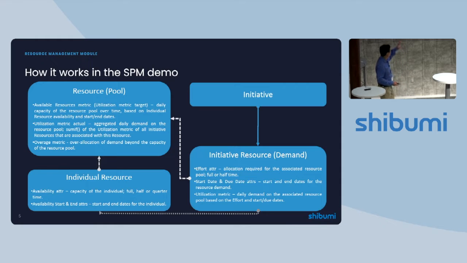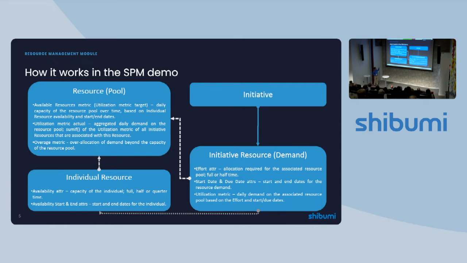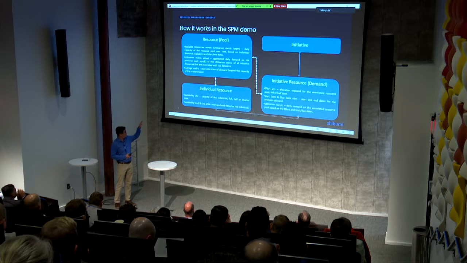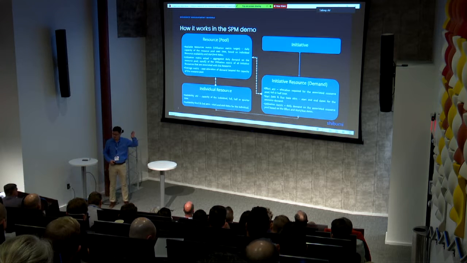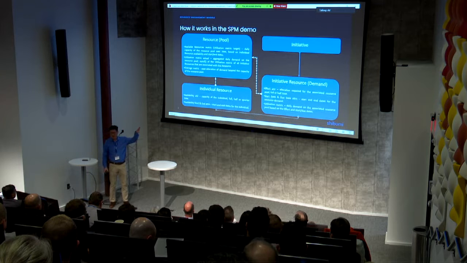What we're defining are 4 elements. One is the resource pool, which is the group of resources that we have: project managers, developers, what have you. Based on that, we define individual resources. These would be the individual people who are actually fulfilling those roles, and the individual resources define the capacity for the pool.